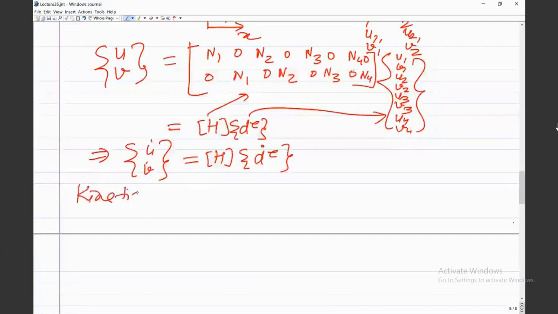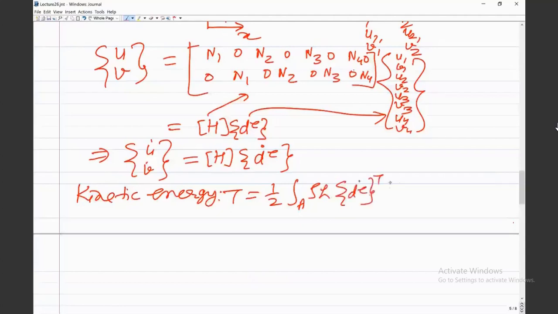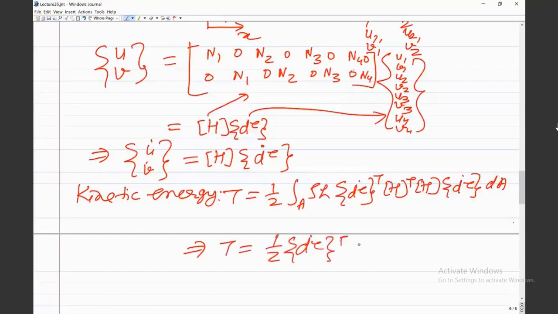T is half integration over area, we have rho h, and then we have d dot transpose into H transpose into H into dE dot dA. So this is what you can write, and so we can say that T equals half d dot transpose ME dE dot.